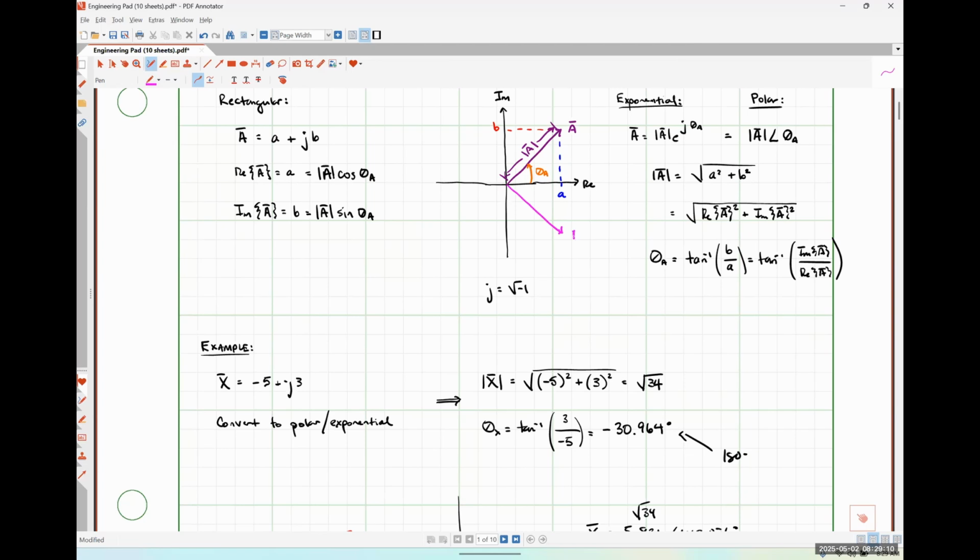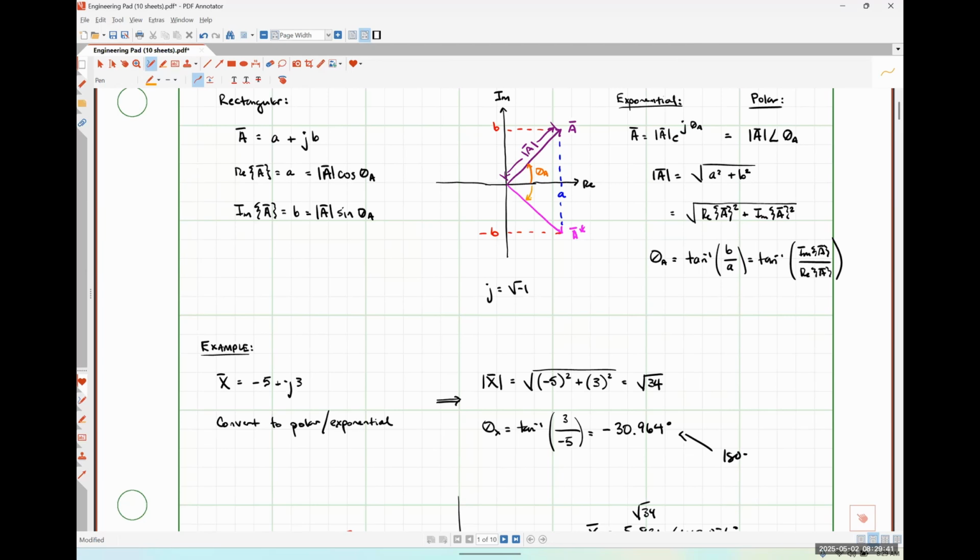Okay. So this is A conjugate. The real part is still just lowercase a. The imaginary part in this case is now negative b. So what's going on with this angle? What's that? Well, it's going to be in a different quadrant, but what magnitude will it have for that angle?